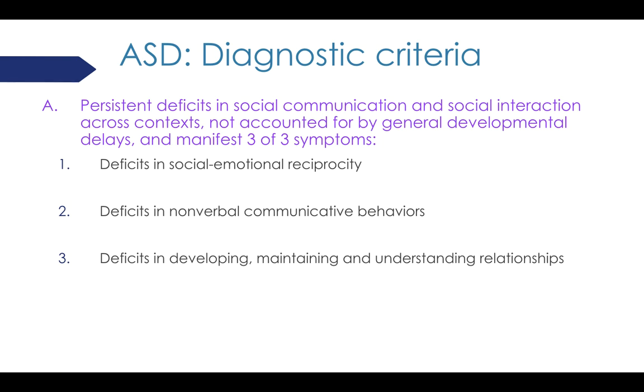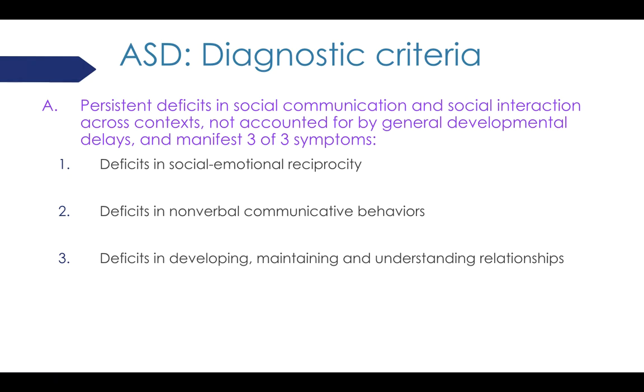It's not accounted for by general developmental delays, and it must be manifested by all 3 symptoms. As you see here, these are delays in social emotional reciprocity, deficits in nonverbal communicative behaviors, and deficits in developing, maintaining, and understanding relationships.